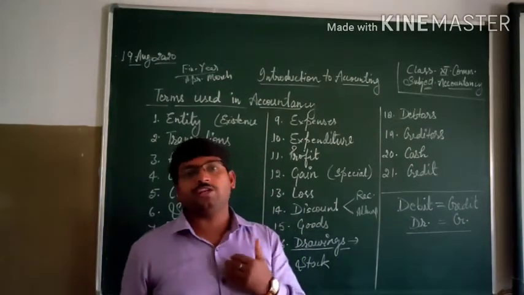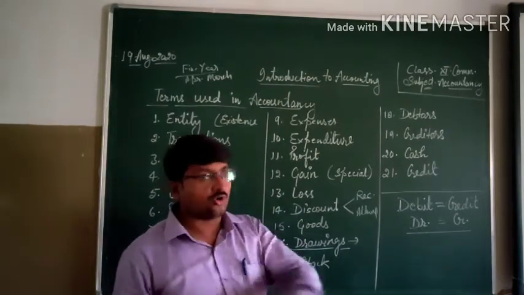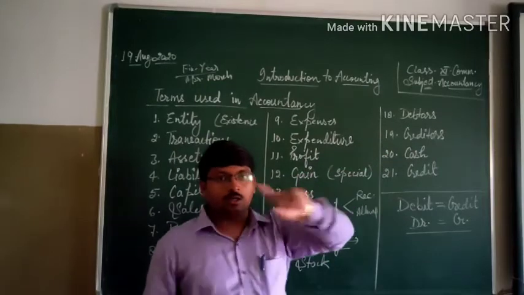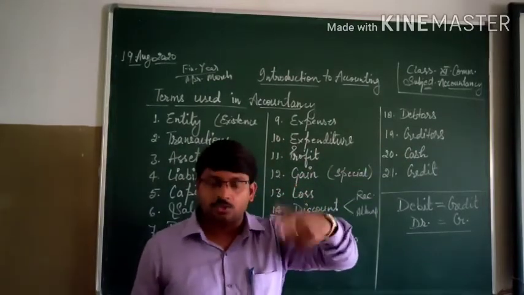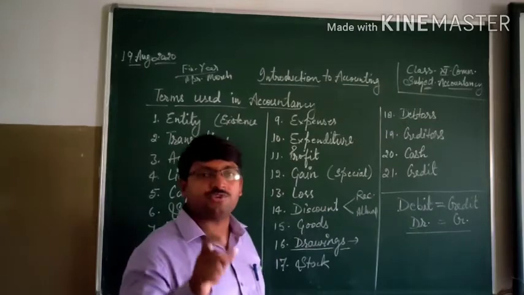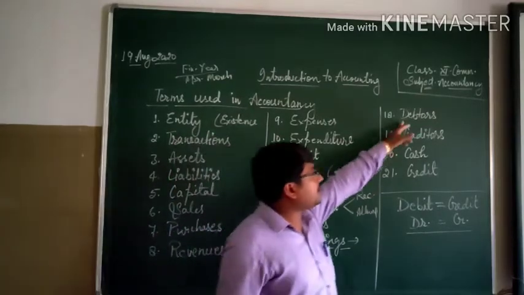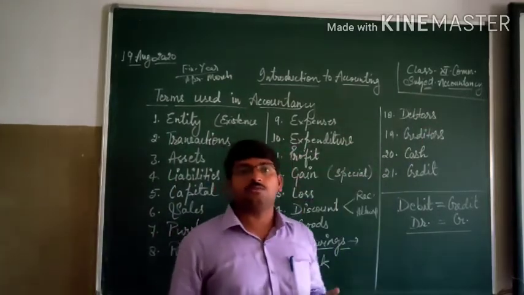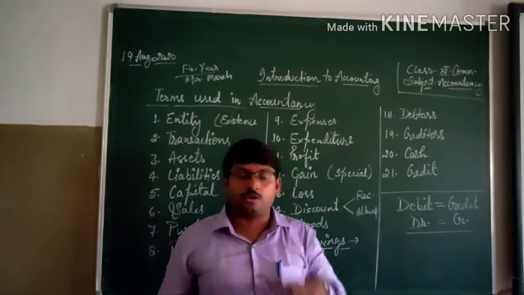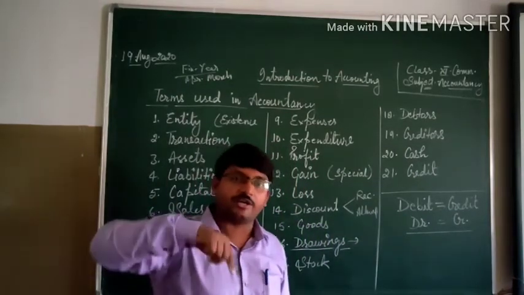Means you know that you are having 5,000 money more which is to be received from your debtor Mr. X. So that money will be always treated as asset. So debtors are the assets. Means when the money is to be received from some person, so that person is the debtor for you.